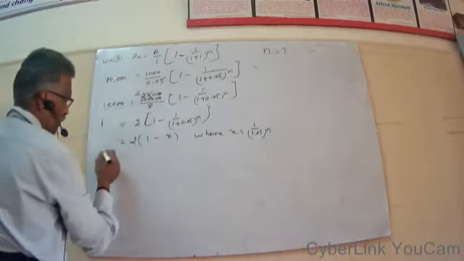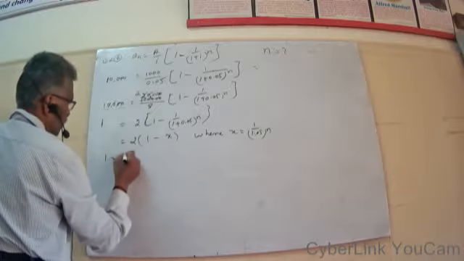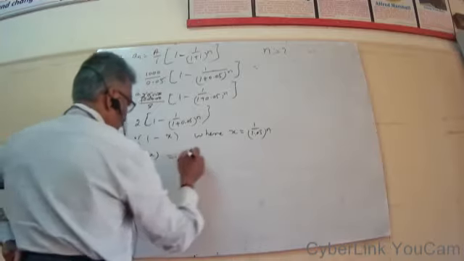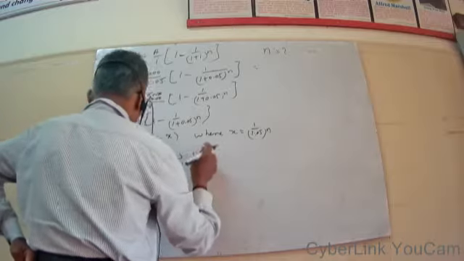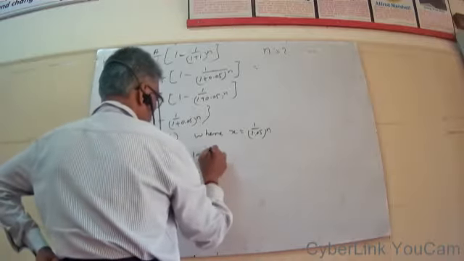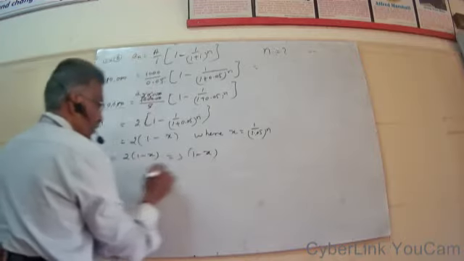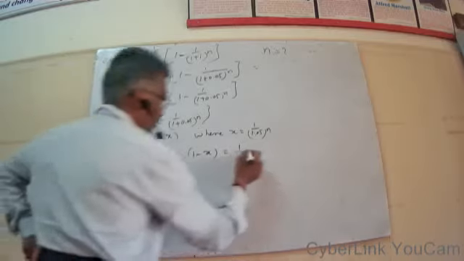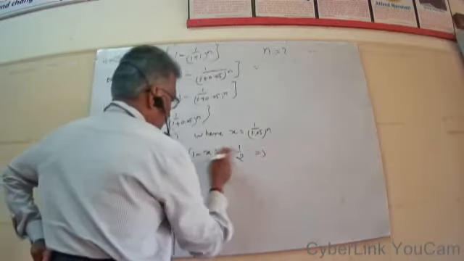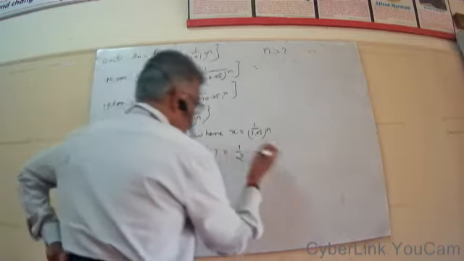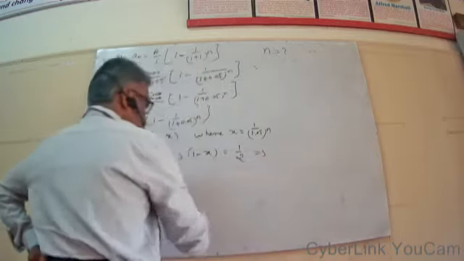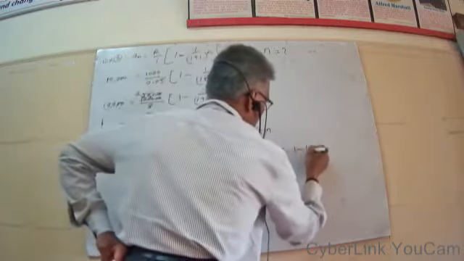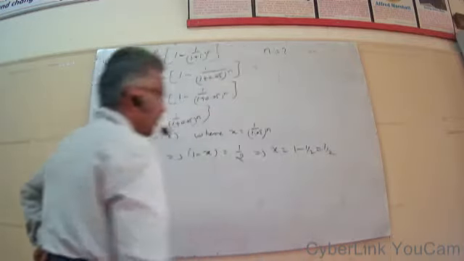Now 1 equal to 2 into 1 minus x, which implies 1 minus x equal to 1 divided by 2. I can shift x to the right side and this to the left side. So x equal to 1 minus 1 by 2 equal to half.